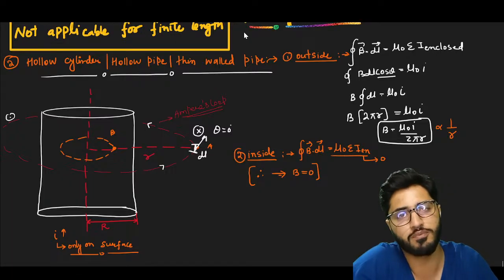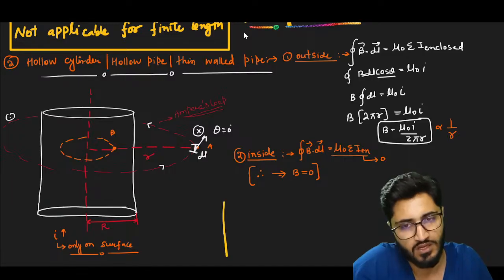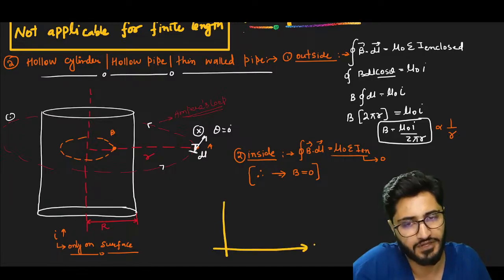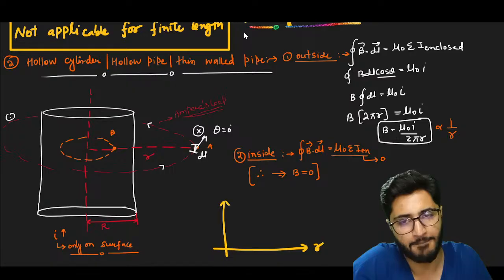Now, if you want to make a graph between B and R, this particular point where R equals R means it is on the surface. So this side represents inside. Inside it is 0.